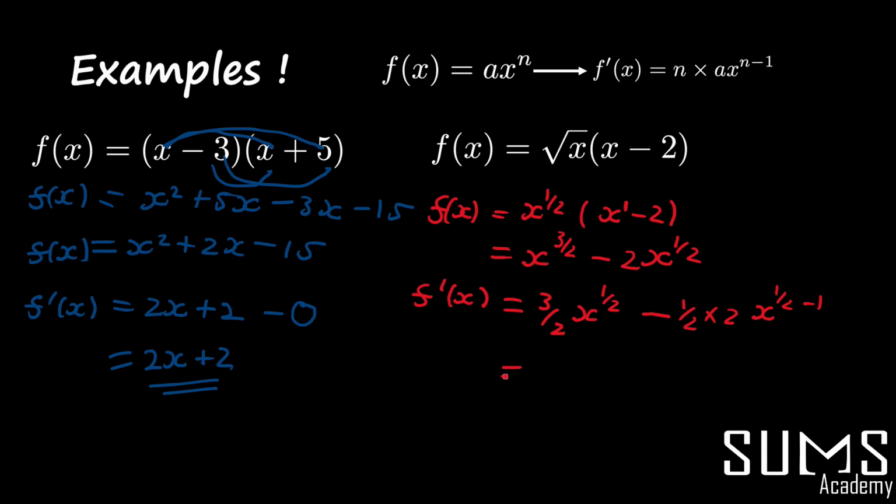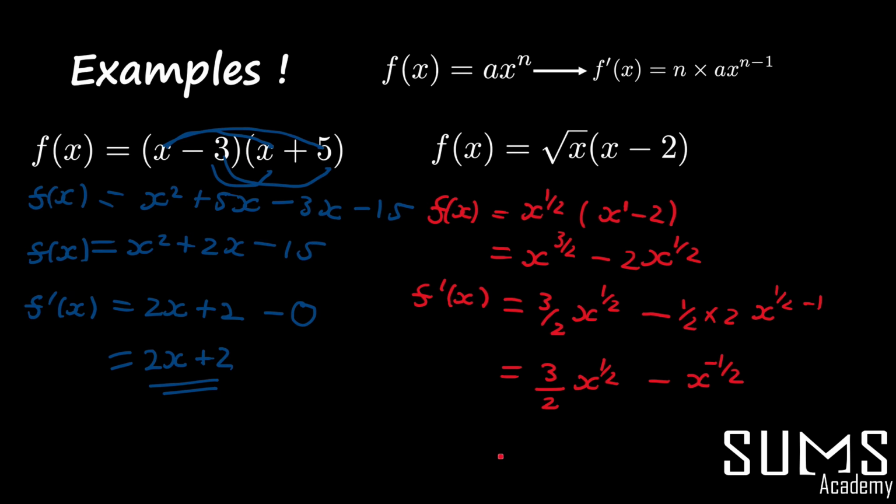So what does this now become? So that just stays the same as 3 over 2 x to the 1 over 2, and this half times 2 is just 1, so that's just x, and that goes from a positive half minus 1 to a negative half. So we can rewrite this again to a similar form to the beginning with square roots in there.